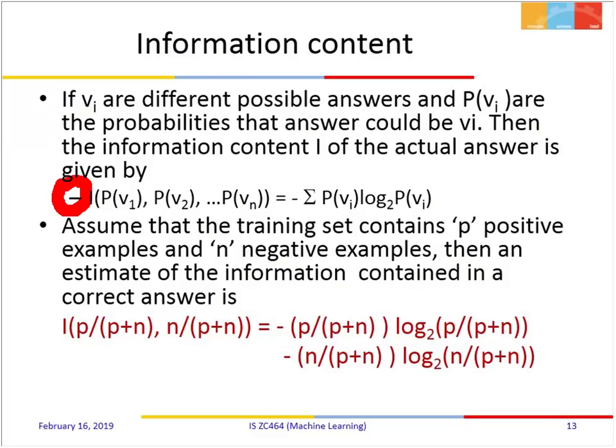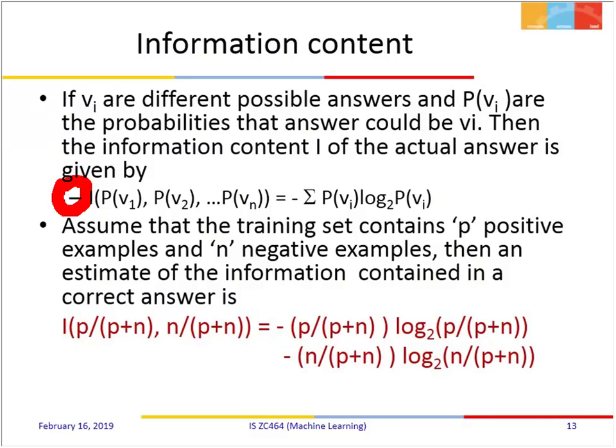So assume that the training set has P positive examples and N negative examples. Then an estimate of the information contained in the correct answer is I(P/(P+N), N/(P+N)). Right, so this is the set of probabilities you have.